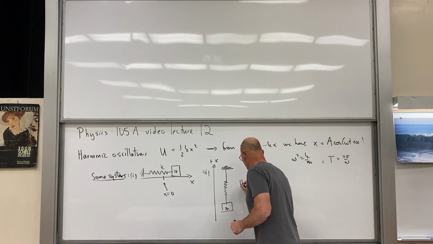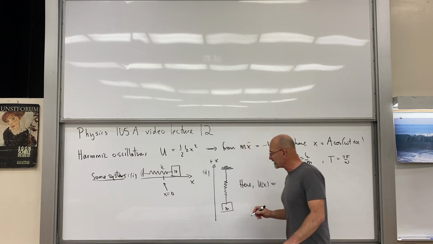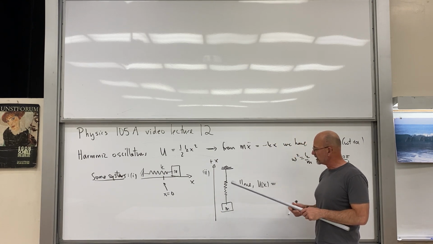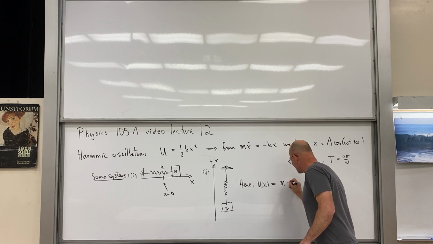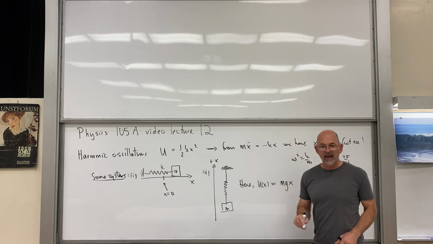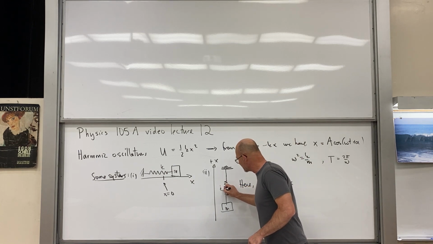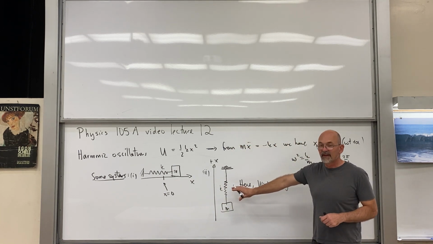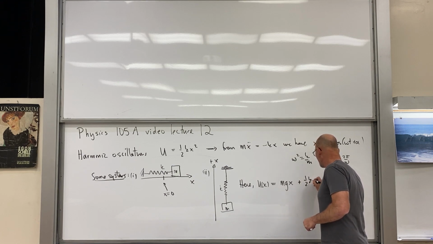So in this case, U of x has a gravitational potential energy component. We'll say mgx, and it has a spring, right? An elastic, if you want to call it that, potential energy component. So plus 1/2 kx squared.